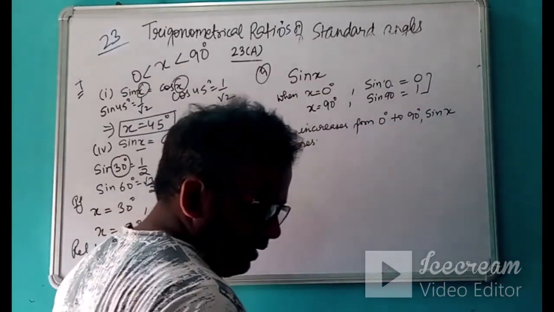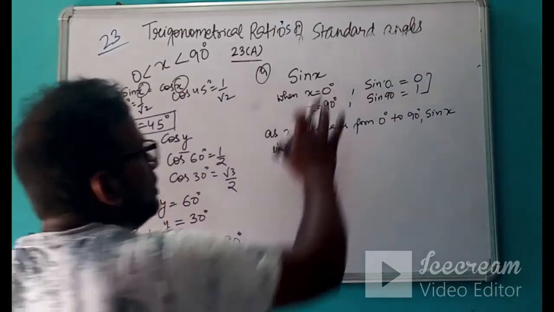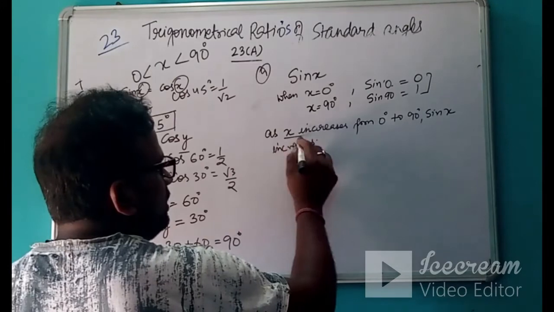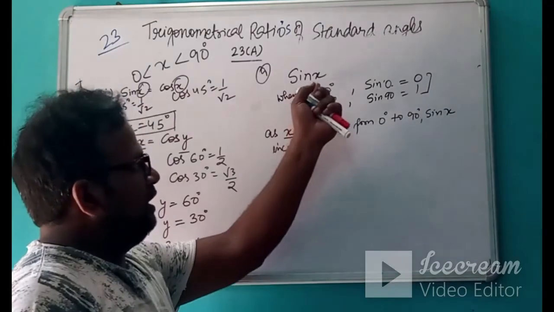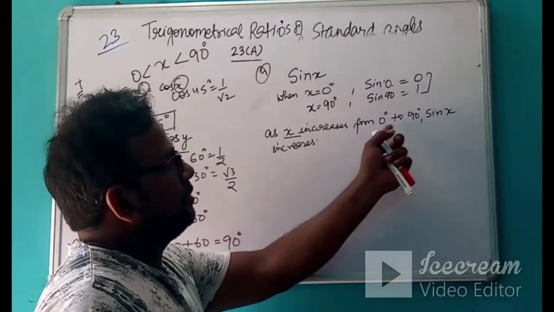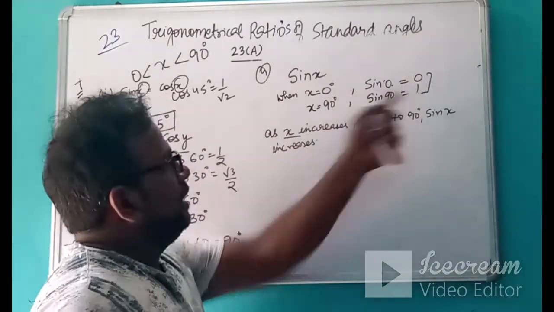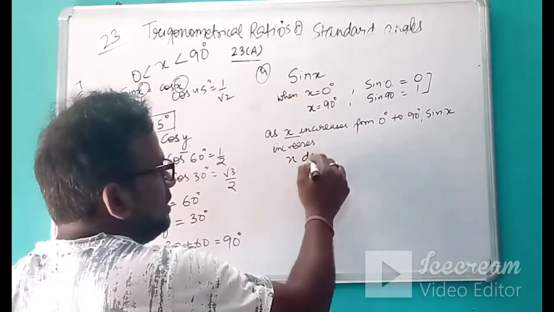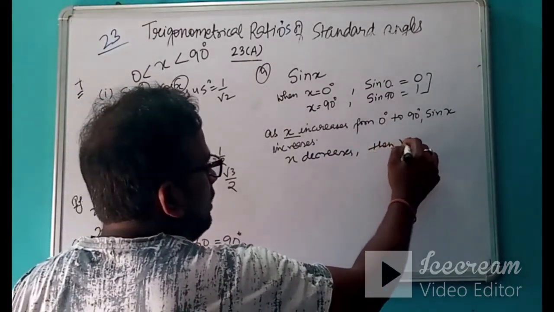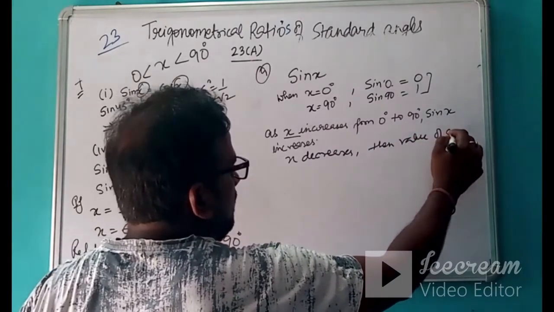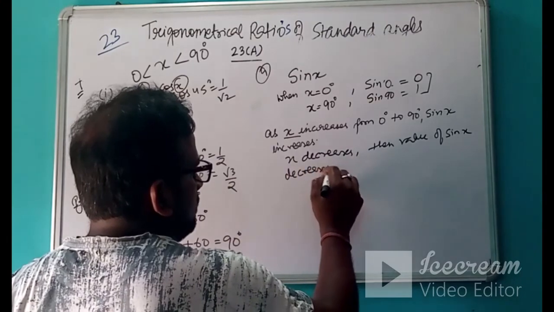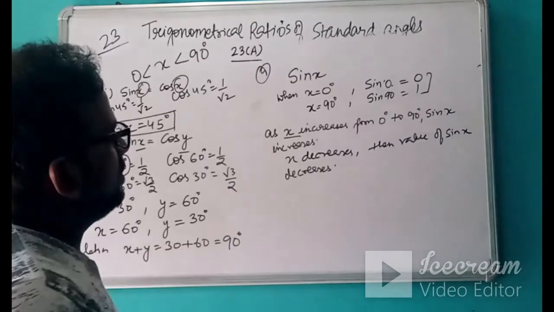Okay, so we can say that as the value of the angle increases, in the case of sine, the value of sine also increases from 0 to 1, and if this angle decreases, then the value of sine decreases. Okay, so this is how you can observe.